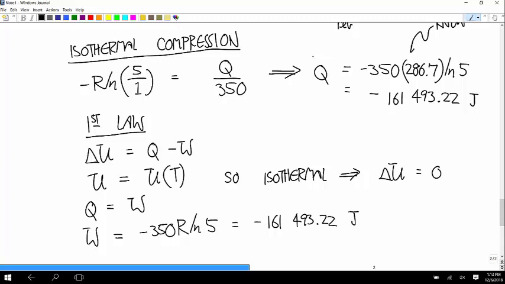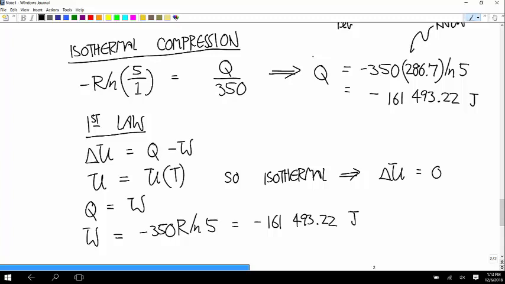Okay, so do the signs make sense for Q and W? Yes, this is a compression. So first for work in a compression, it has to be negative. And now for the heat, if it's adiabatic, if it's insulated and you compress a gas, what happens to its temperature? The temperature goes up as you compress it.